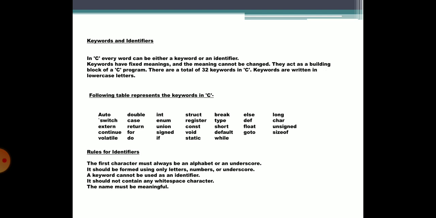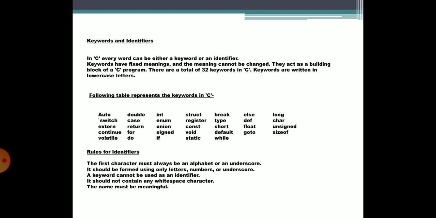And an identifier must not contain white space. These are all important rules in forming identifiers, because we need to form various identifiers in our programming. So we should be aware of these rules.